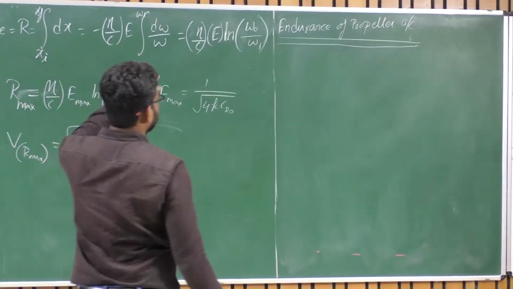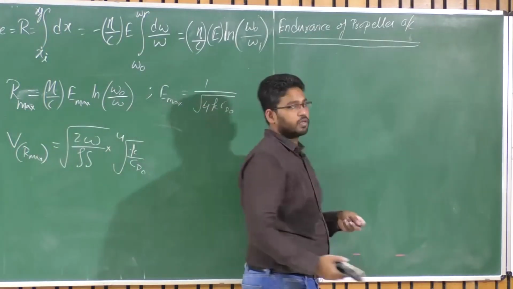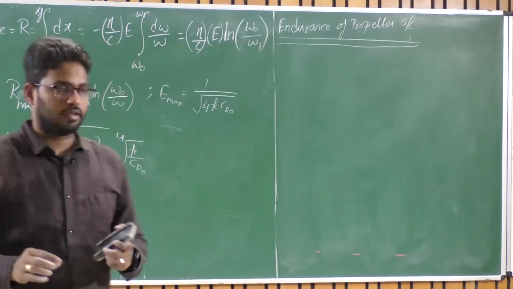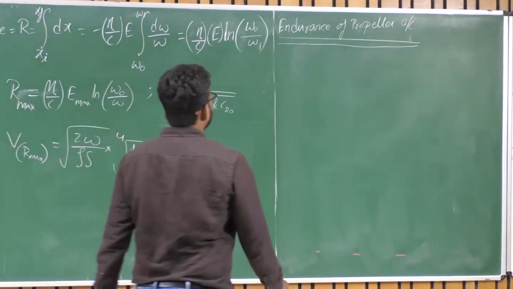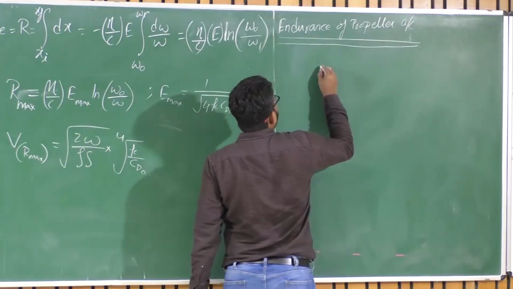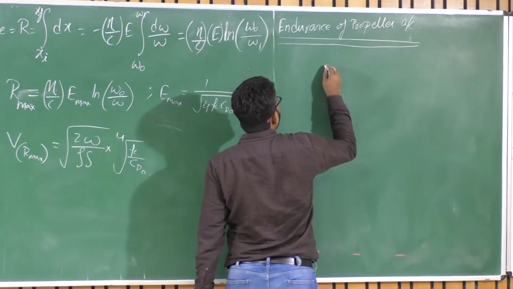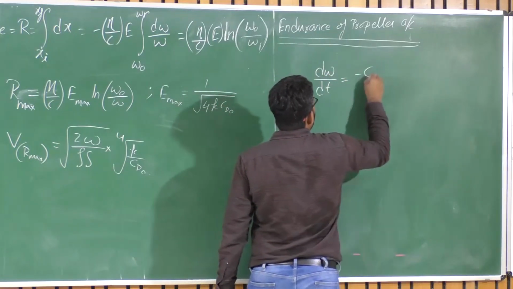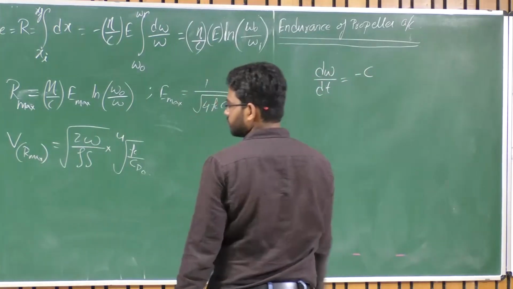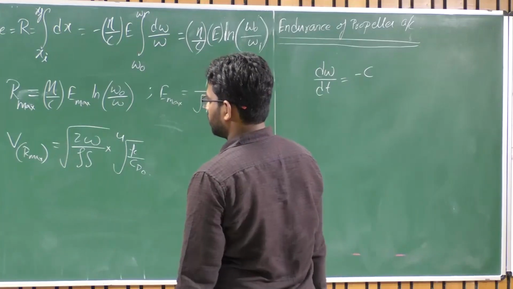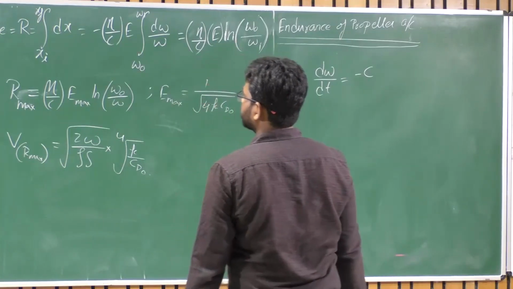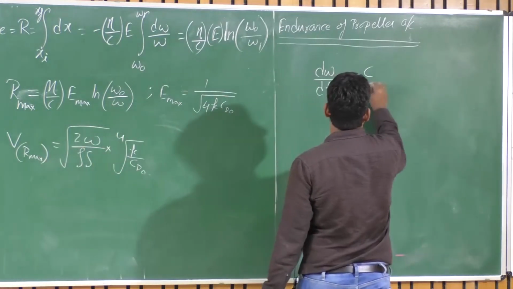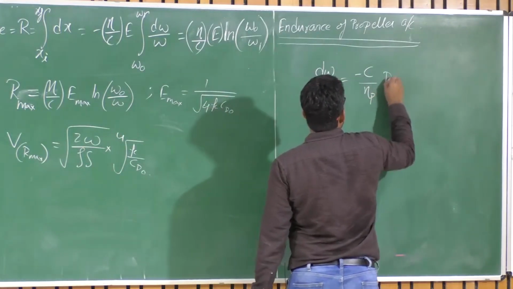So let's now talk about endurance of the propeller aircraft. With a given load of fuel, let's look at how long I can stay in air, right? So that's the endurance. So we know again from the definition of specific fuel consumption, we have dW upon dt is equal to minus, dW upon W dot is equal to C times D into V, isn't it?